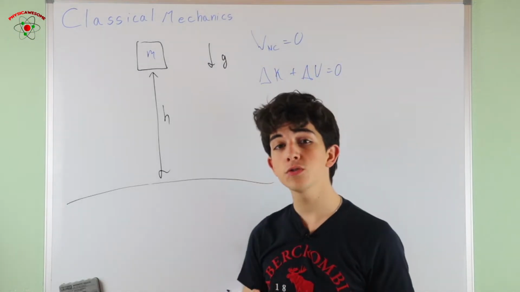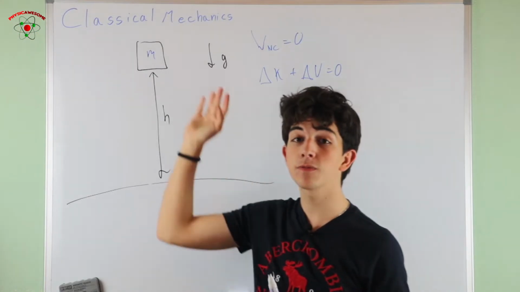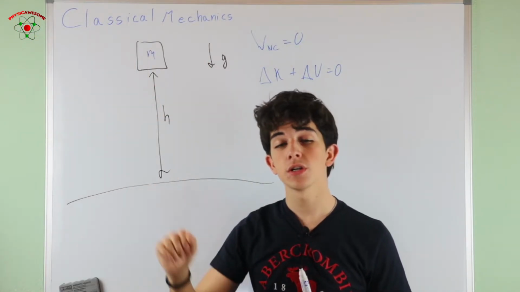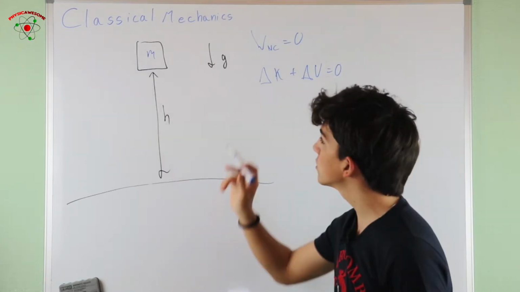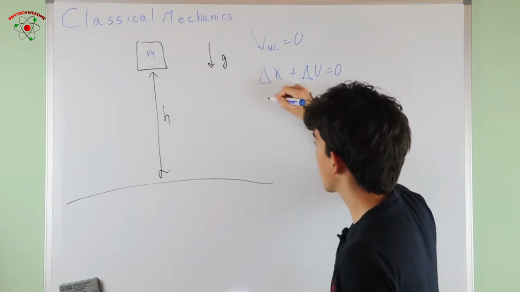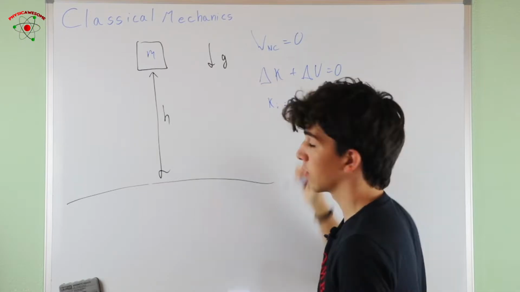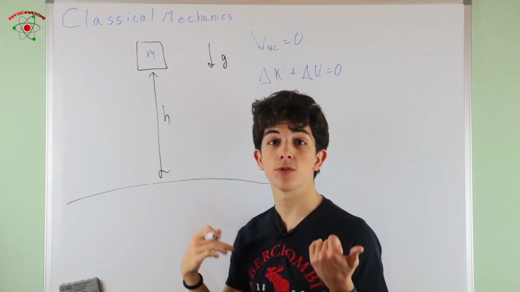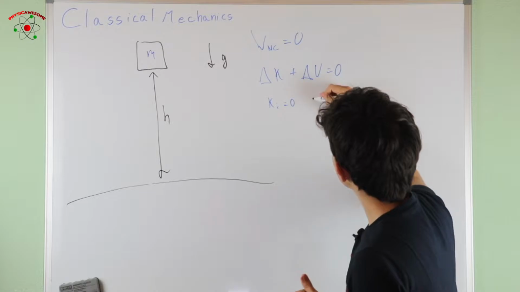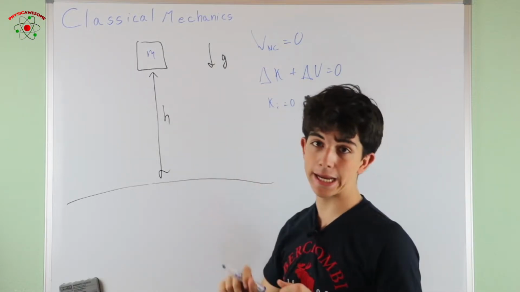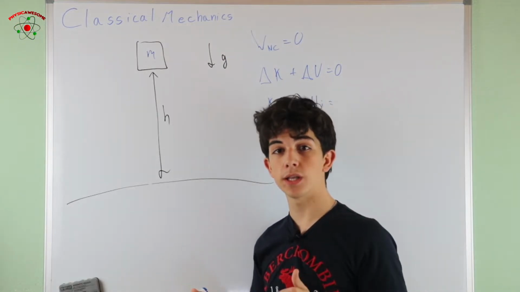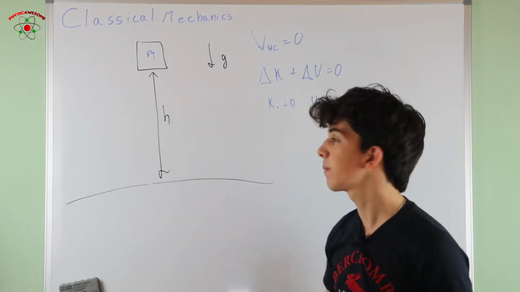Now, we just need to define our energies for the initial position and our energies for the final position. We know that at the initial position, Ki equals 0, because we said the initial velocity was 0. We know that the initial potential energy is going to be mgh, as we found in the last video on potential energy.